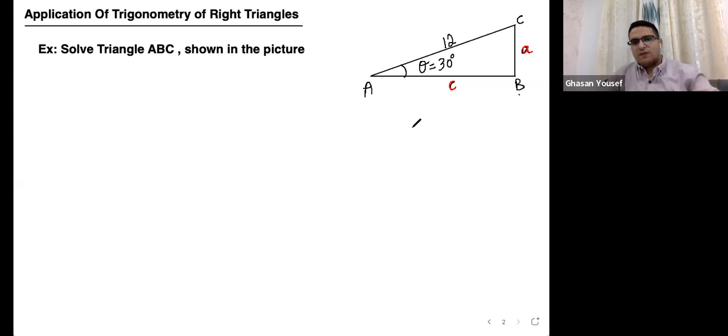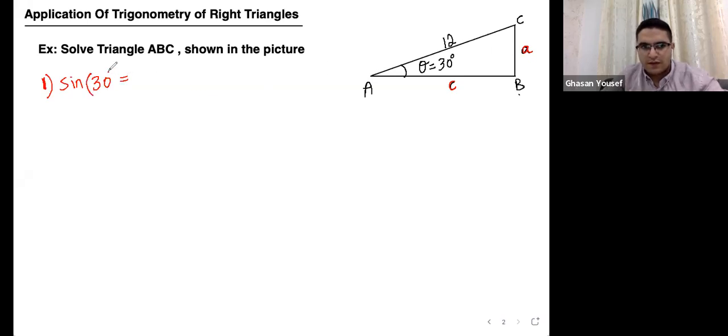Okay, so by using the table like I showed you a minute ago, and by using the trigonometric ratios, I know the formula of the sine function, right? The sine of the angle 30, what does that equal?